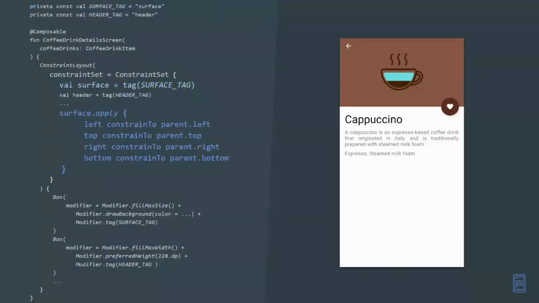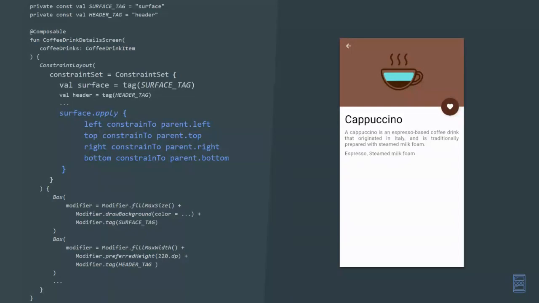And when it's done, we can add our implementation for each component. As an example, in this case, surface will have left, top, right, and bottom constraints, and all these constraints will be connected with parent. Of course, we can connect them not only with parents, but with any other constraint. But in this sample, I just want to show you that we have such a possibility.